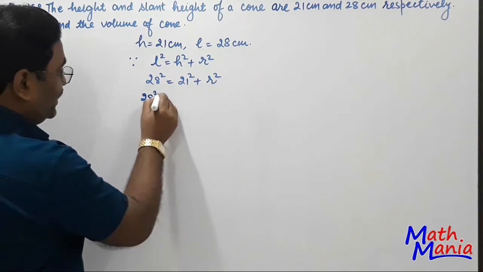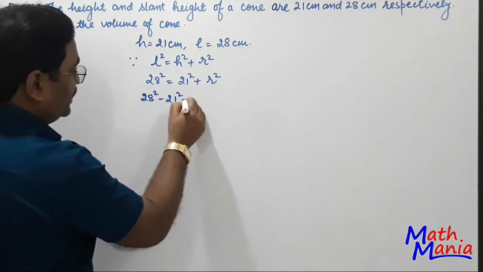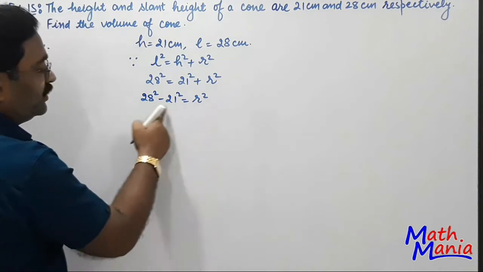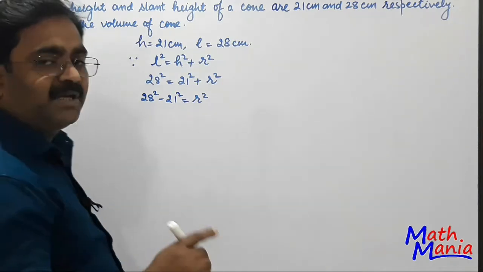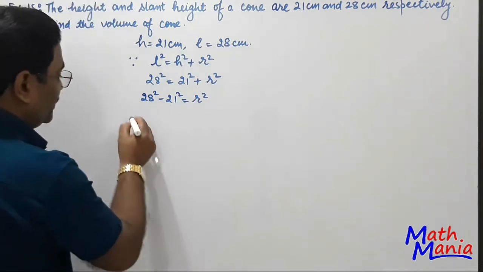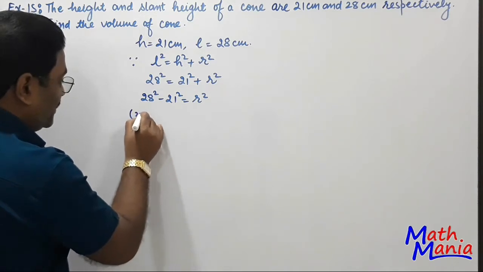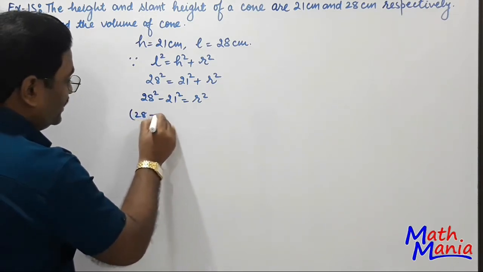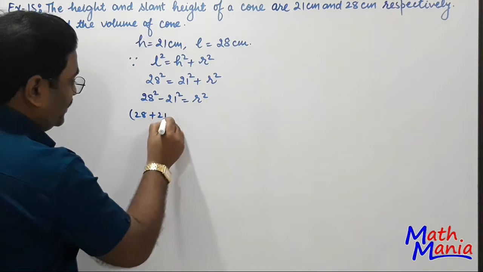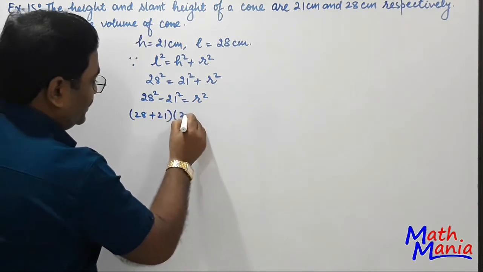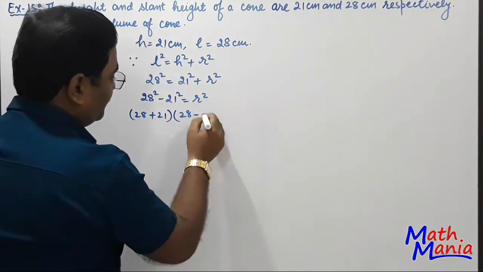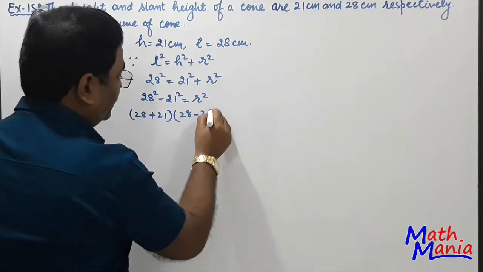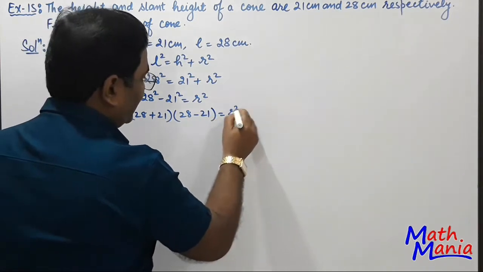So it is 28 square minus 21 square equals r square, and you know the formula a square minus b square equals a plus b into a minus b. So let's take a plus b, 28 plus 21, into a minus b, 28 minus 21, equals r square.